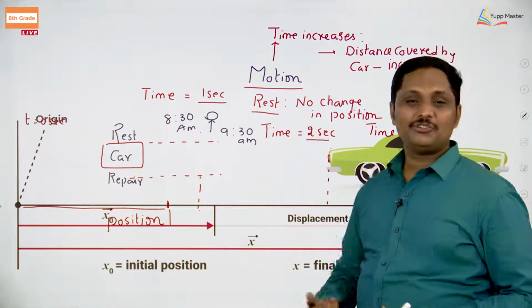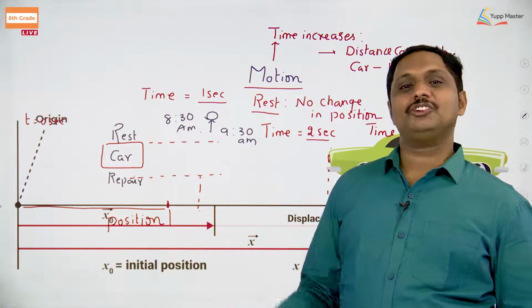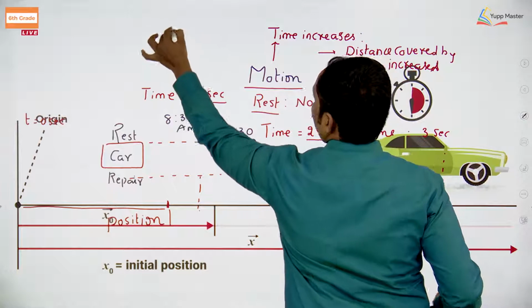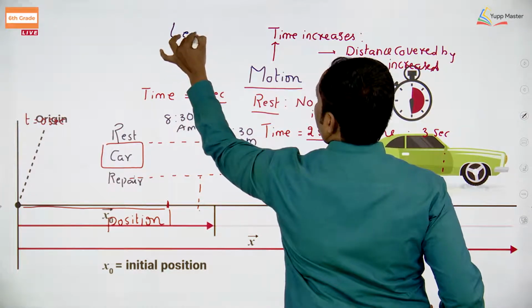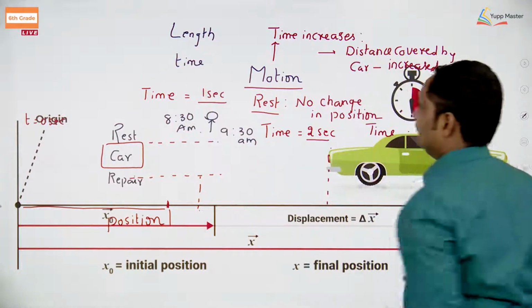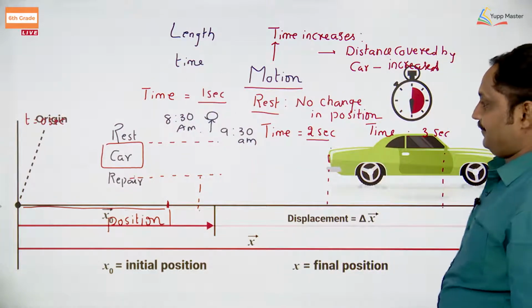If it is in the rest position, as the time increases, the position doesn't change. Very clear. So we have learned measurement of length and time. All of you have measured length and time.